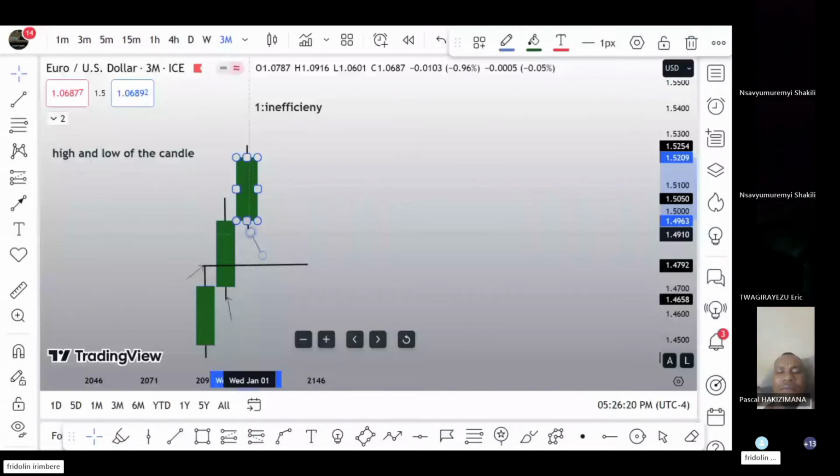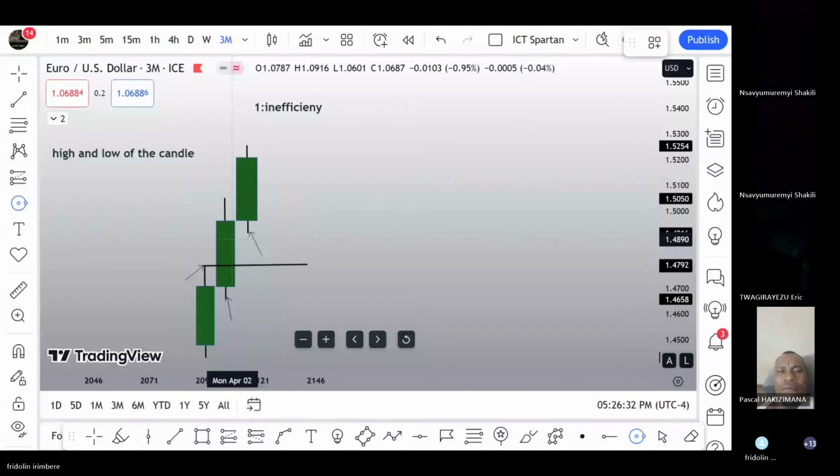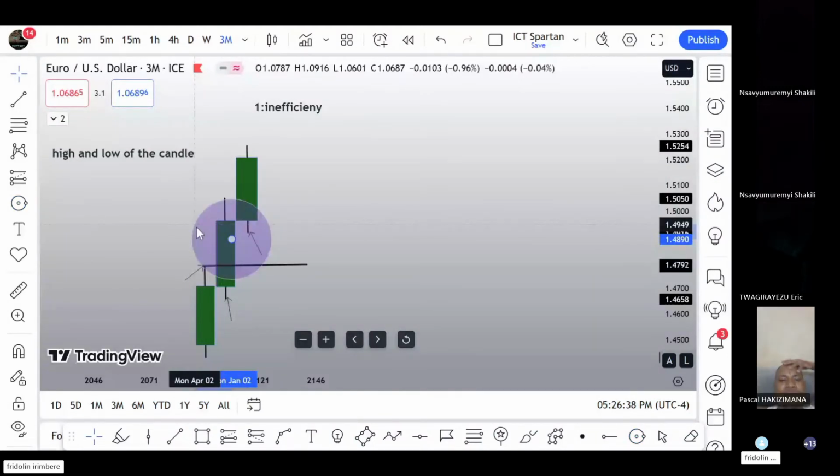But if igihe tuzosiga iyi candlestick, this body here, igihe tuzosiga iyi body iri open, nukuvuga from this high to this low, ino body iri hagati hano, that will be our inefficiency.